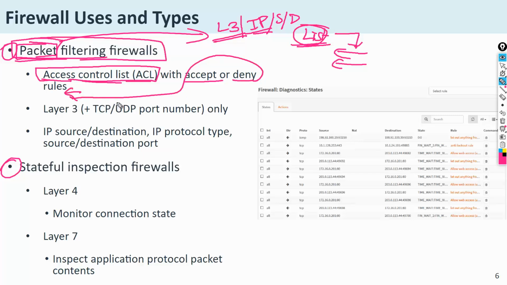Whatever rule you write, or whatever rule the administrator writes, on the basis of the rule it will make a decision which traffic will be allowed and which traffic will be denied.